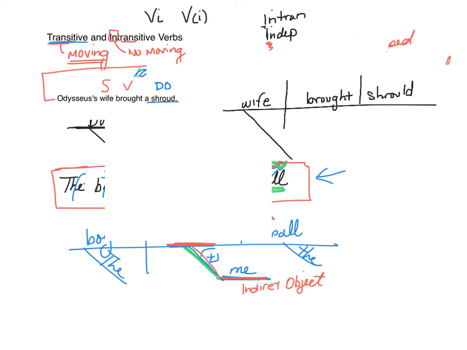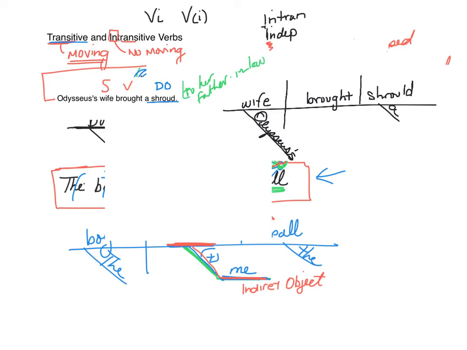We have Odysseus. Odysseus's wife brought a shroud. Well, I could say to you, who did she bring it to? Well, Odysseus's wife brought a shroud to her father-in-law. Okay?